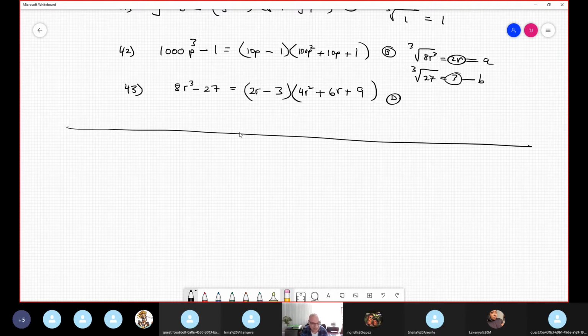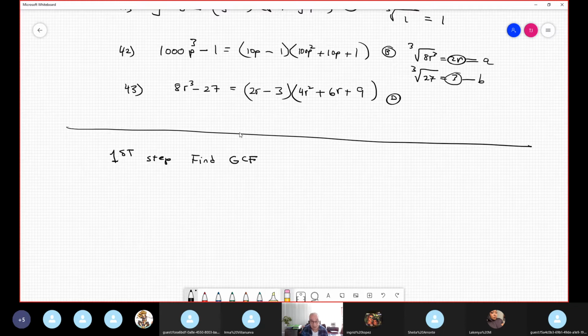Okay, the first step to face one problem of the factorization is compute or find the GCF.